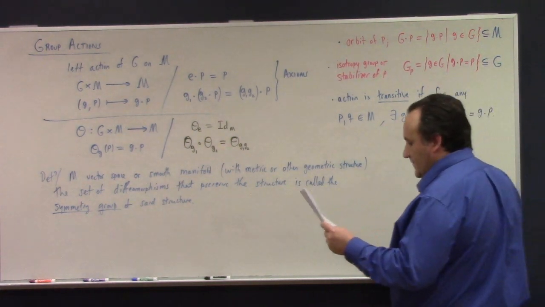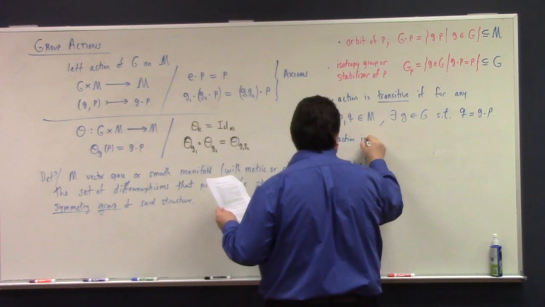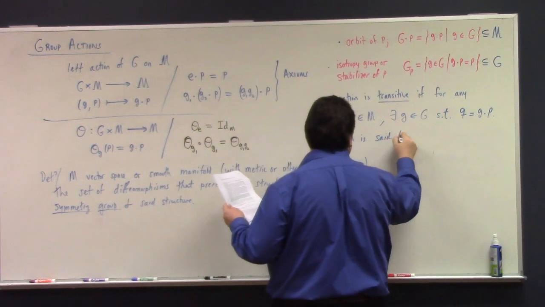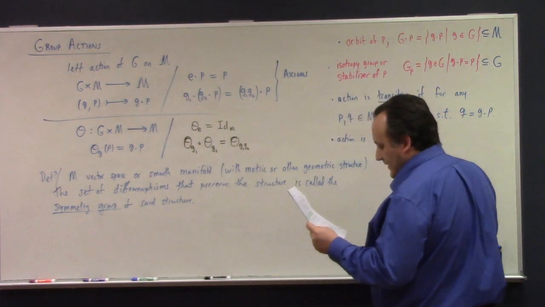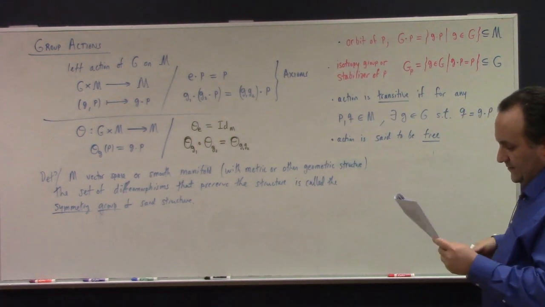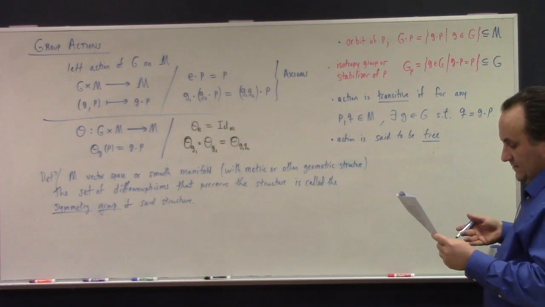The action is said to be free if the only element of G that fixes any element of M is the identity.